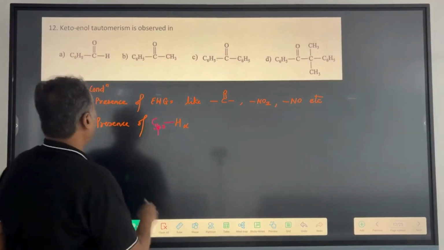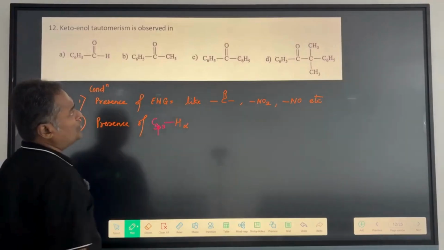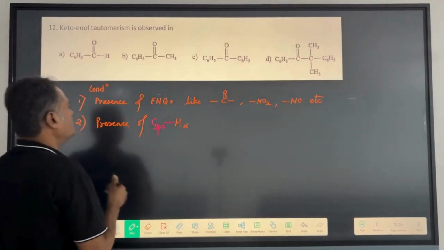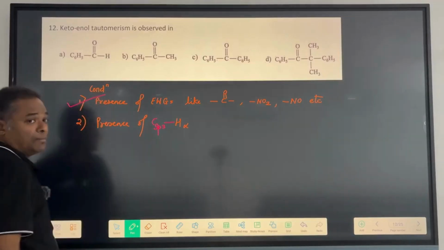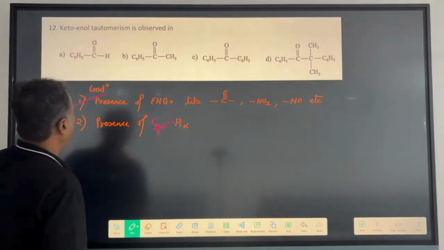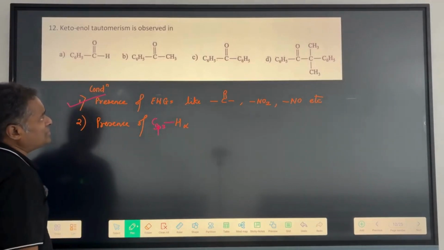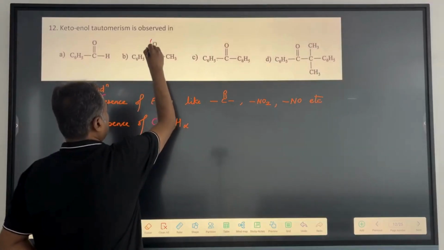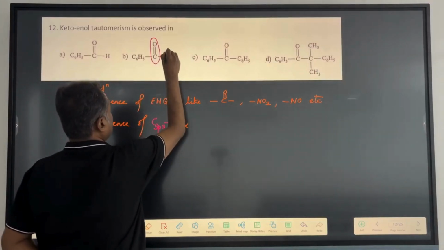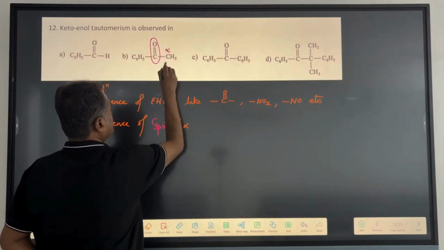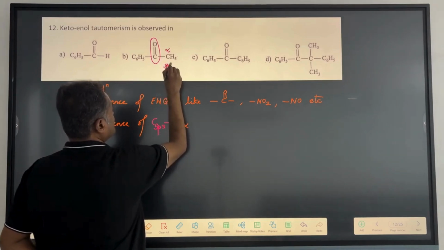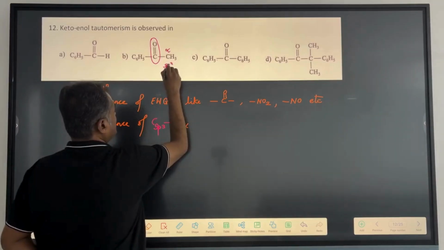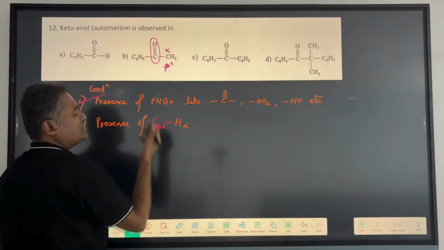Now here in our example, all 4 you can see carbonyl group is there. So your first condition is valid, but we have to check the second condition. And if you see in the second condition, only one example where you can see that this is the functional group, and the next carbon atom is alpha, which is sp3 in nature, and alpha H is also there.